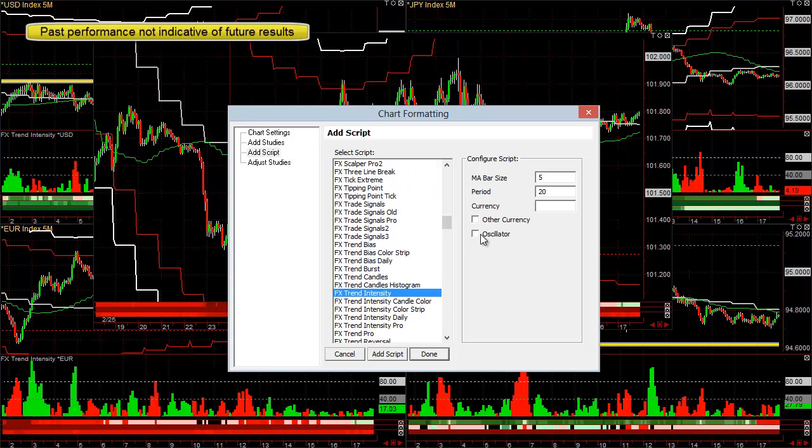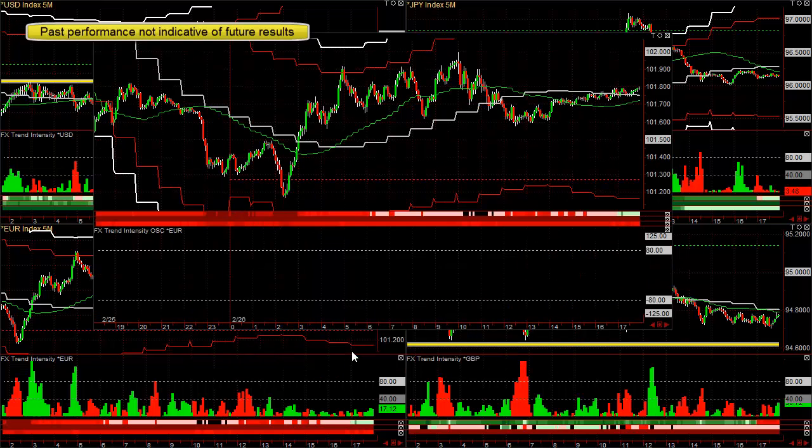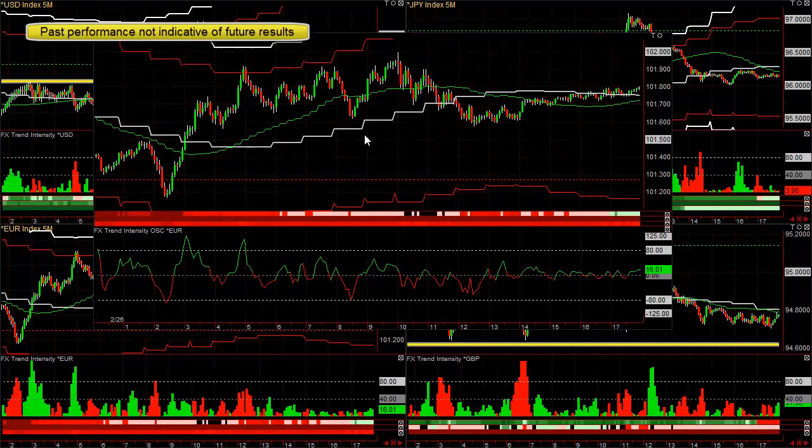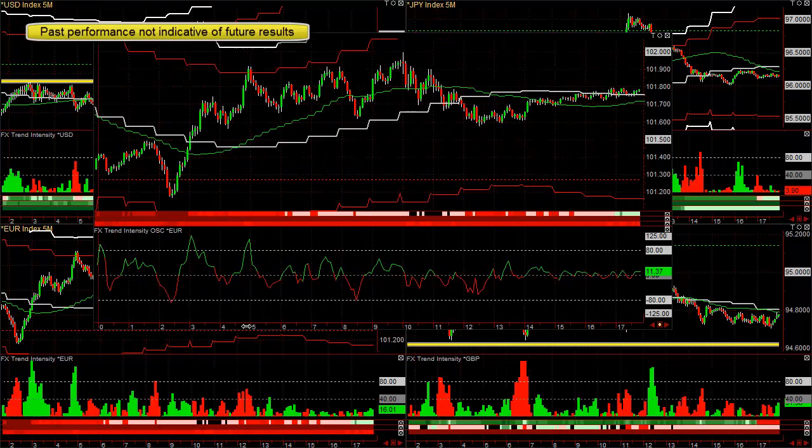There's going to be a new option called oscillator. And instead of drawing it as a histogram, it's going to give the FX trend intensity, which is a very similar formula with the 80 to -80, and allow you to see the actual index.